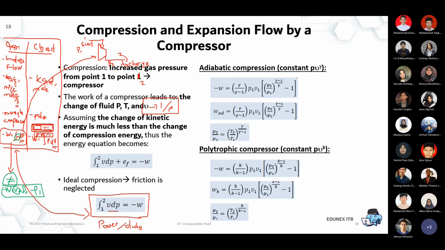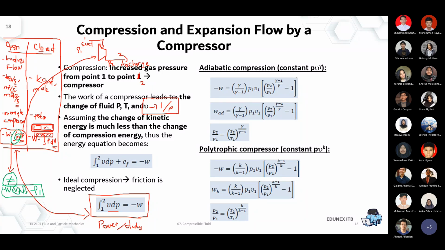So now you become confused. Which volume should I use in this formula? Should I use the suction volume, or the discharge volume, or the average? And the answer is you have to consider the gradual decrease of the volume. That's why the volume is inside the integral.